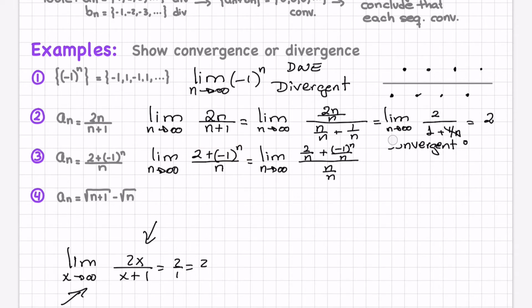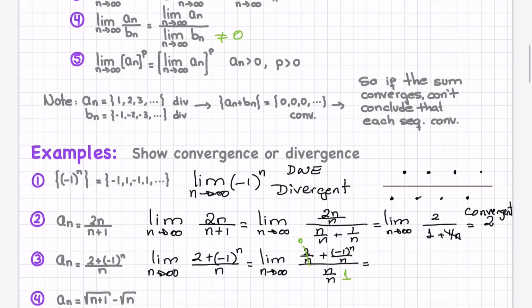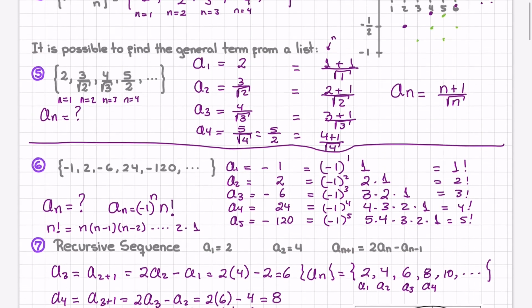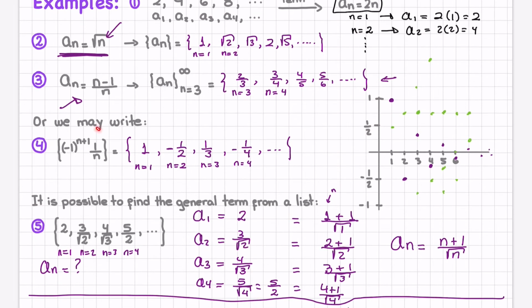Let me erase this. Put it here, convergent. Okay. So when you take the limit, this guy here would be 0. This here is 1. And then this limit is 0. This is the same example we wrote up here, right? (-1)^n or (-1)^(n+1).